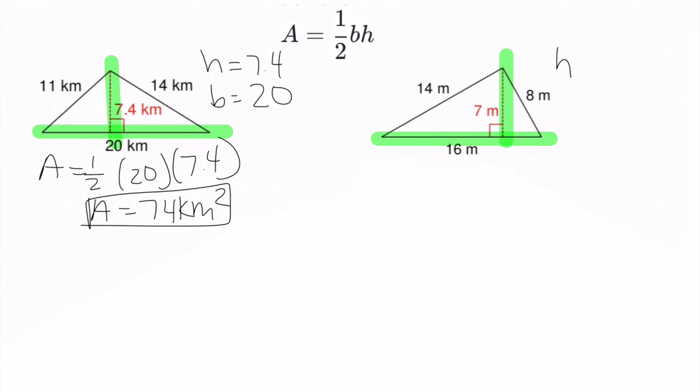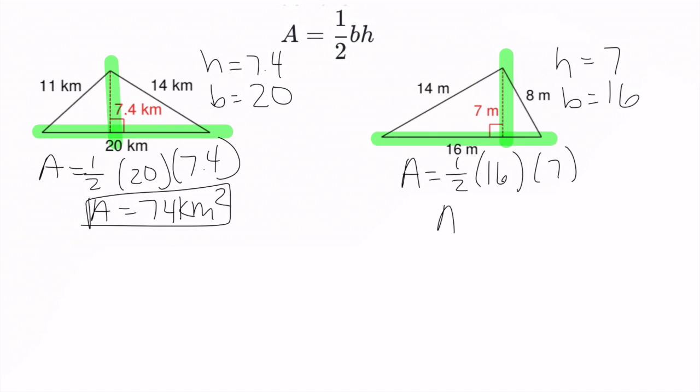This one, our height is 7 and our base is 16. So our area is 1/2 our base times our height. So 1/2 times 16 times 7 will give us 56 meters squared.